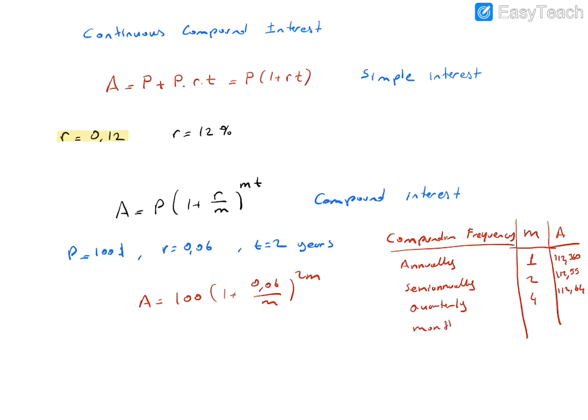And monthly, m is 12, and weekly, m is 52, $112.74. And daily, m is 365, and our future value is 112.74.